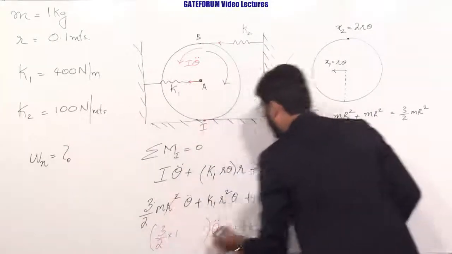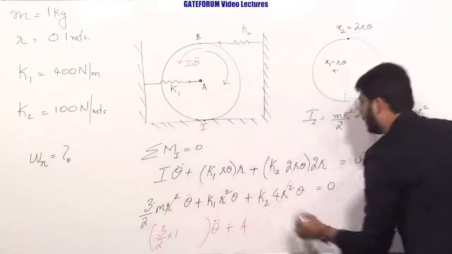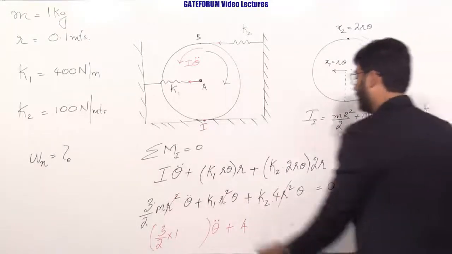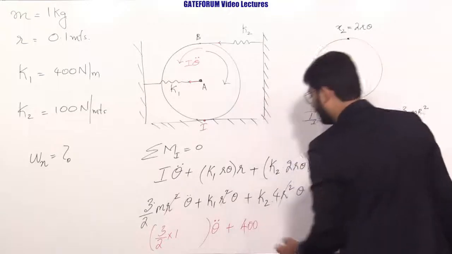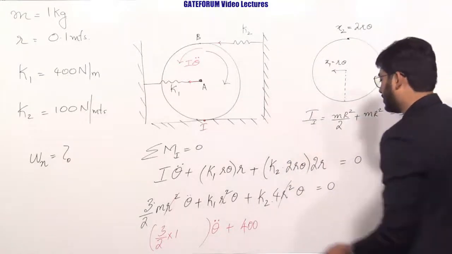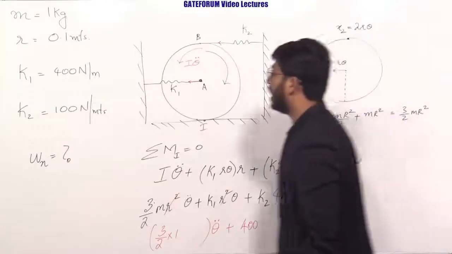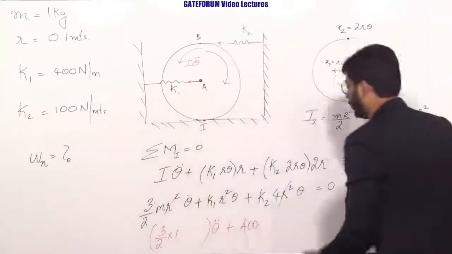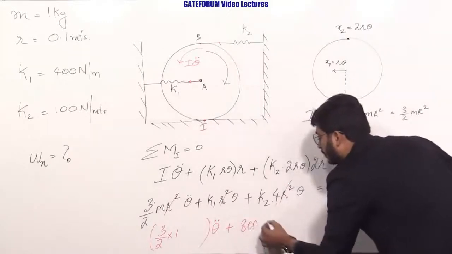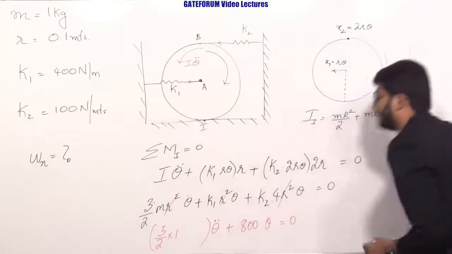K1 is 400, and plus K2 is 100 into 4, that is once again 400. So K1 plus K2 will be equal to 800 theta equal to 0.